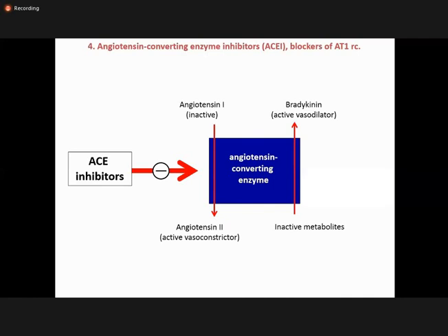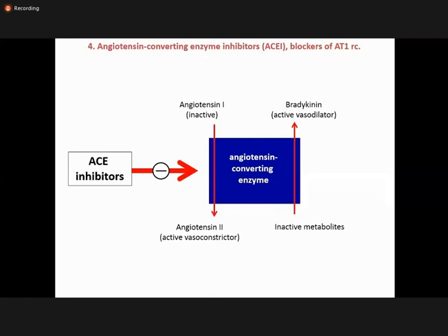And this angiotensin 2 is a powerful vasoconstricting agent, and already we have discussed this will also stimulate the activity of aldosterone, right? At the same time, what happens? There is production of inactive metabolites of bradykinin. This is an important point, because when we use ACE inhibitors, what will happen?